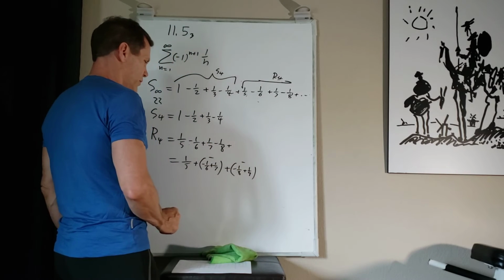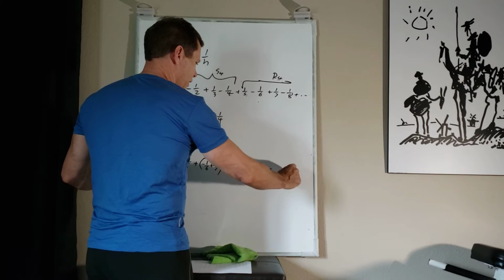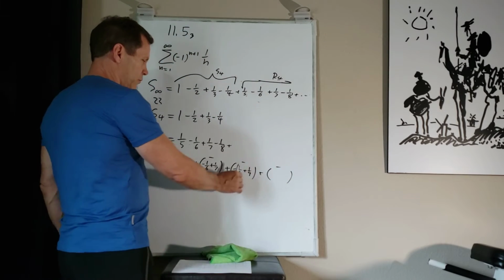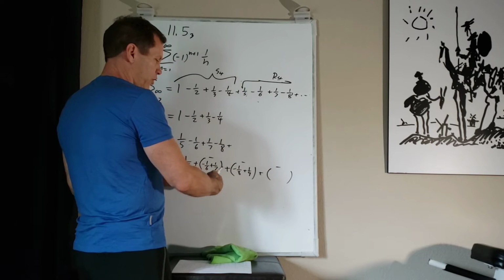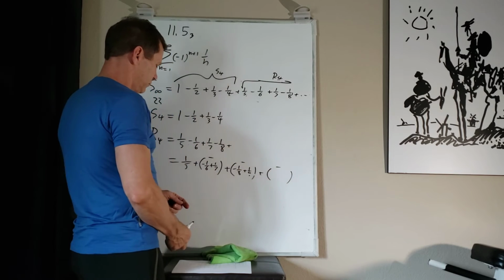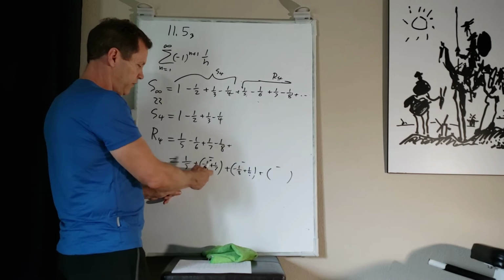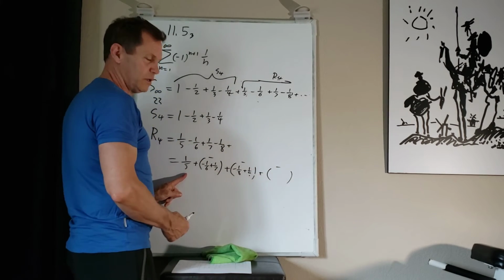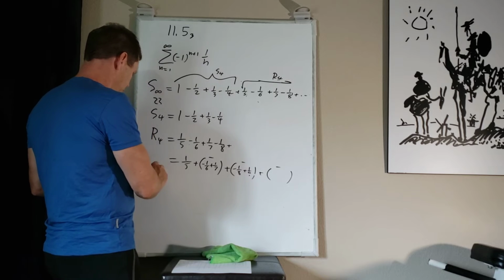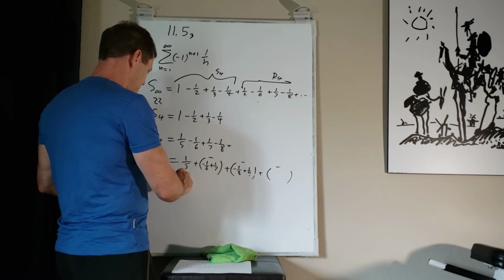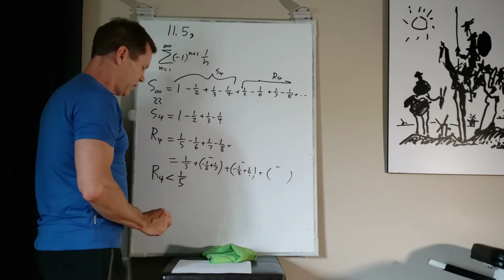That's a negative number. I can keep doing that, so you've got 1/5 minus a number, minus a number, minus a number. What do I know about the whole remainder? It's got to be less than 1/5, because I'm taking the 5th and taking a bunch of numbers off of it. So I know my remainder R4 is less than 1/5.